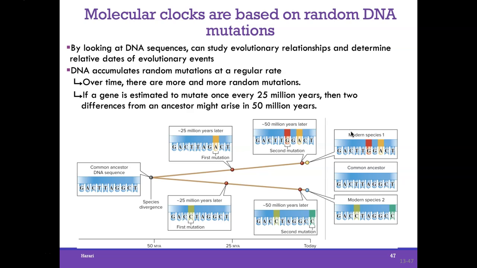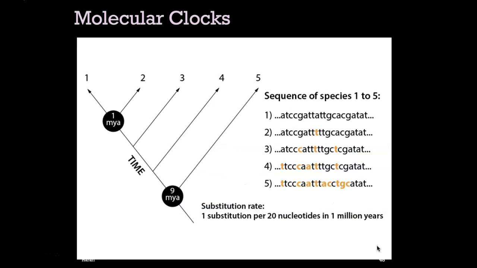But roughly speaking, we can estimate the relationship between two organisms based on their differences in DNA sequence. That's called the molecular clock.